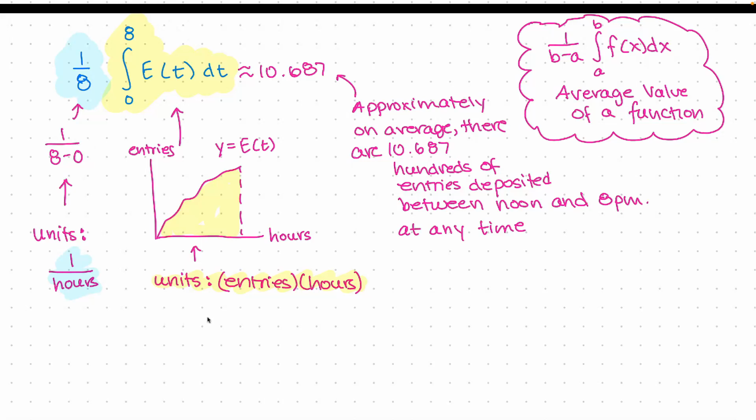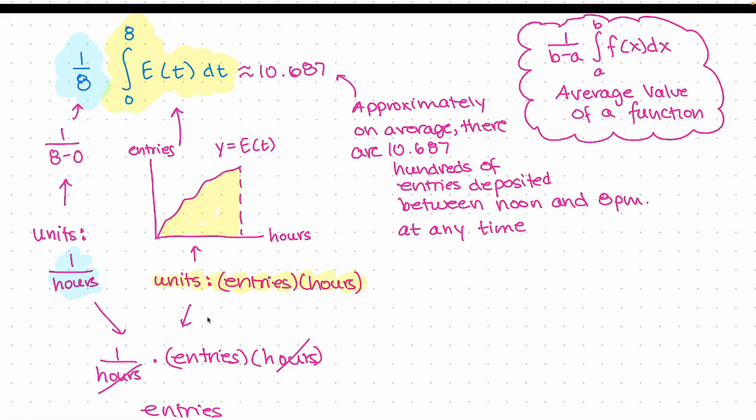So now when you multiply, 1 over hours times entries times hours cancels out, and you get entries. So the units on this whole entire expression is entries in hundreds.